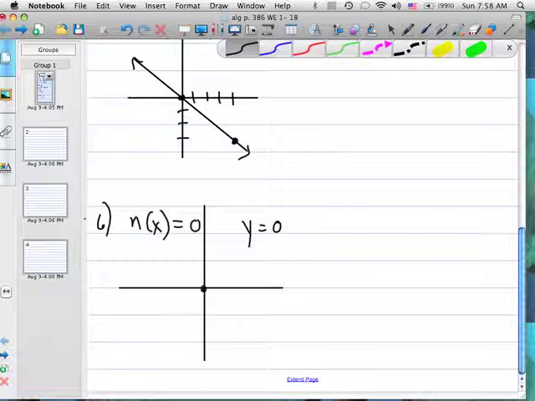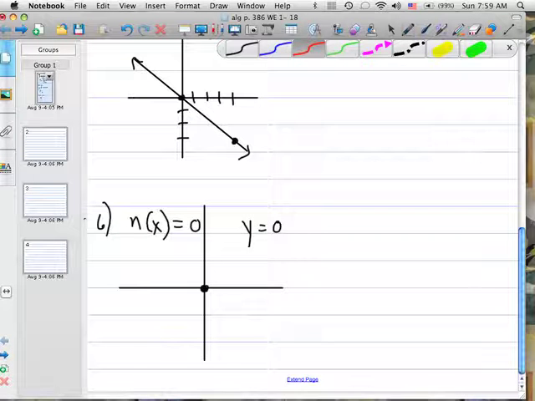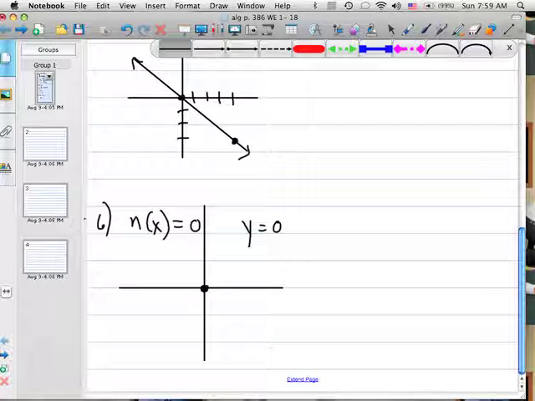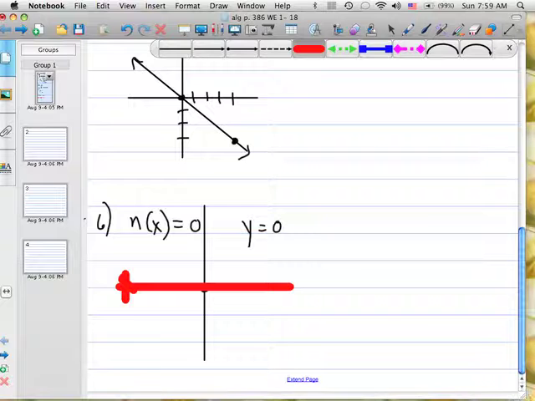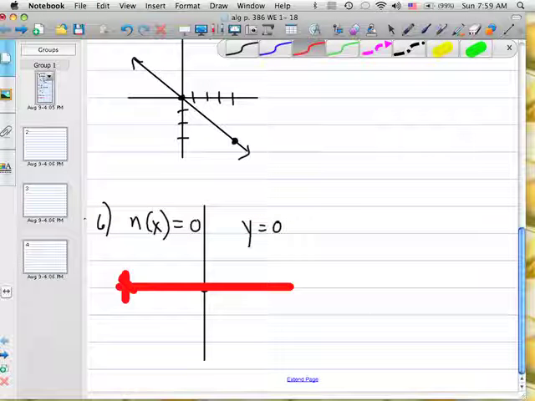And the slope is 0 because there's no x term, so that's a horizontal line and it's the x-axis. That's our answer.